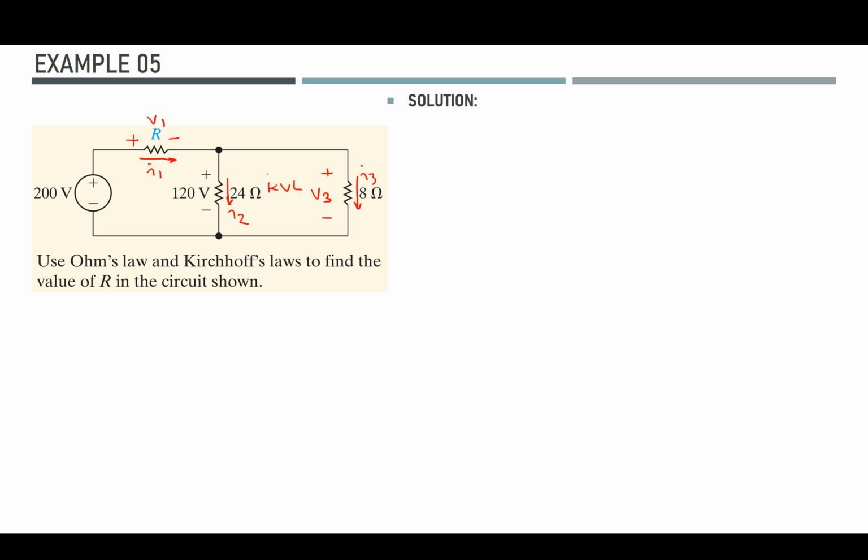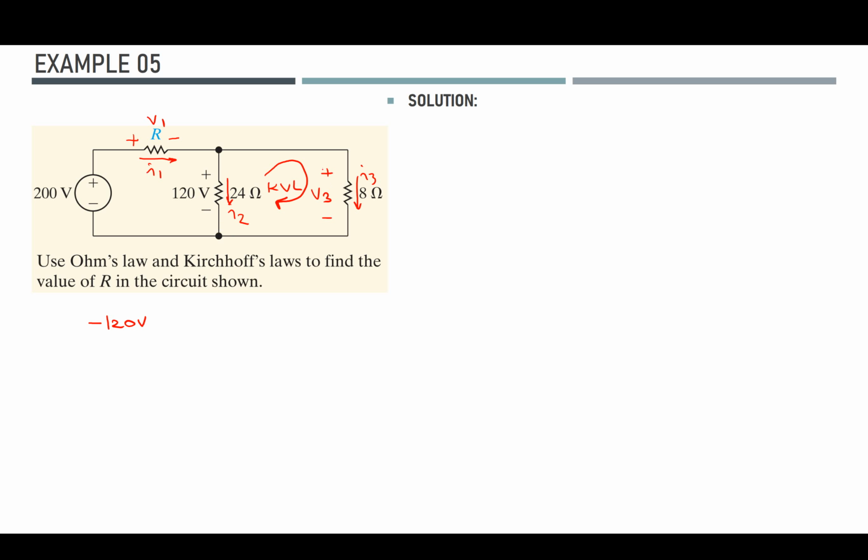If I go in this direction, I can easily write one simple fact. Since I'm rotating in the opposite direction with respect to the given voltage, when I'm rotating, I come to the negative terminal first, so I have to write minus 120 volts.